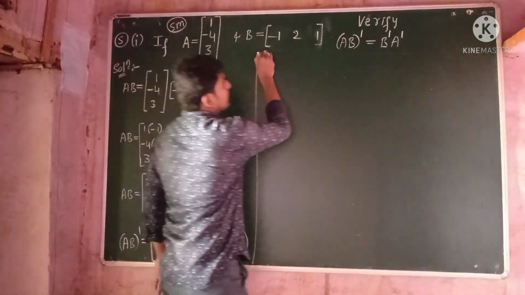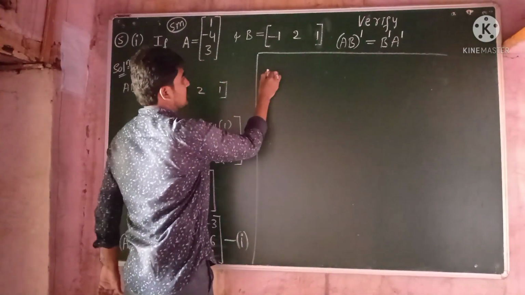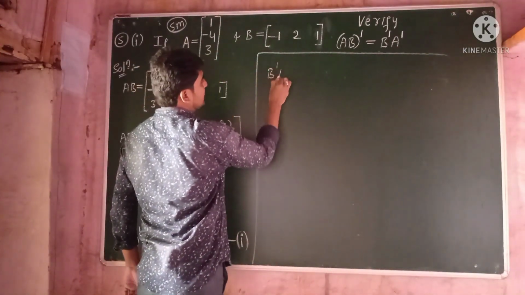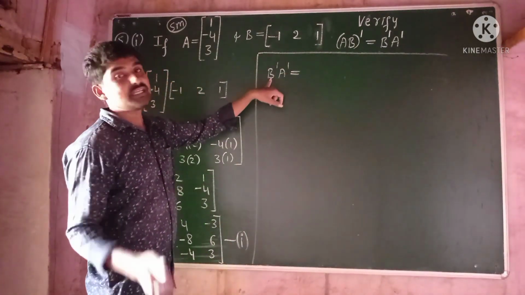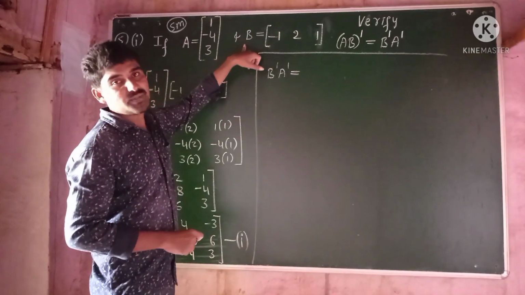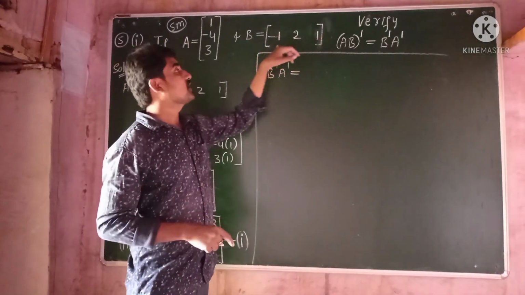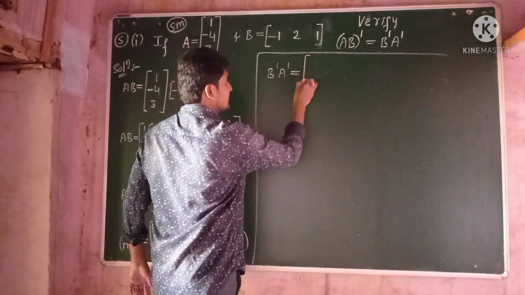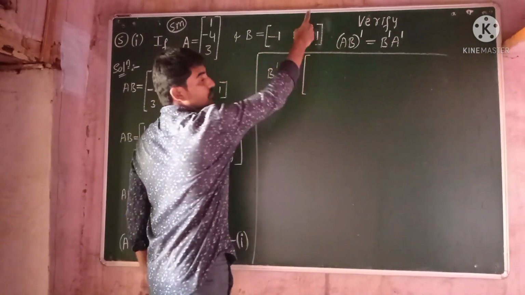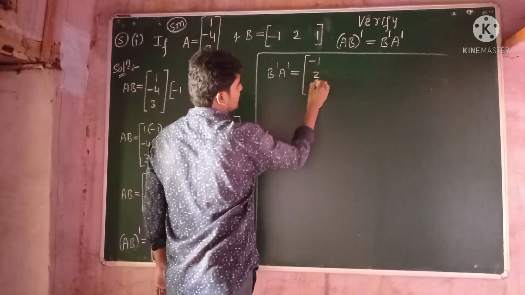And now we need to find the matrix B dash into A dash. So matrix B dash is the transpose of the matrix B, which is obtained by interchanging rows and columns of the matrix B. Therefore, matrix B dash is equal to, this row becomes column, -1, 2, 1.